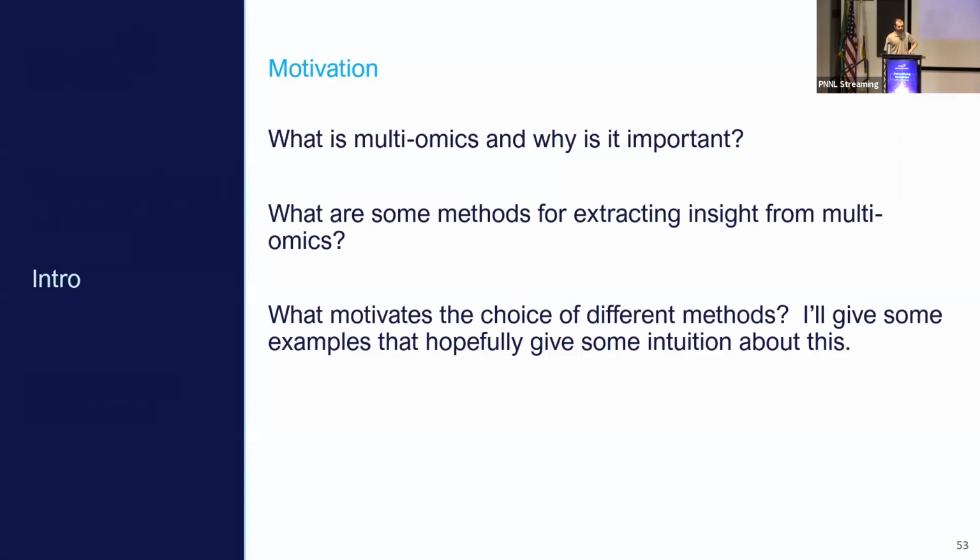Just to motivate this talk, this is about multi-omics. Just talk about, well, obviously, what is multi-omics and why is it important? Some of the methods for extracting insight from multi-omics data. And I think probably most importantly, or at least the thing I want to get across, and I'm glad it was sort of a theme in this series, was what motivates the choice of a particular method.